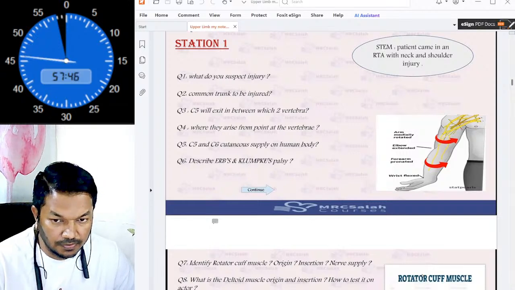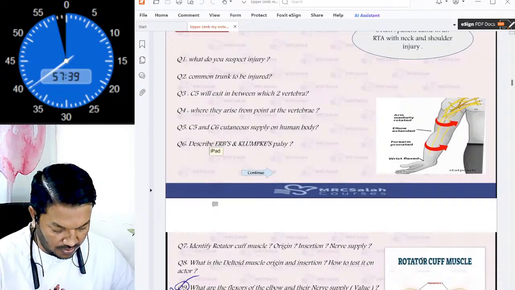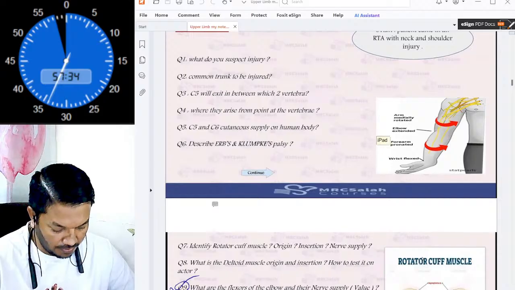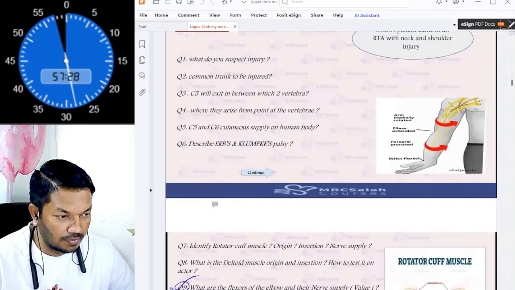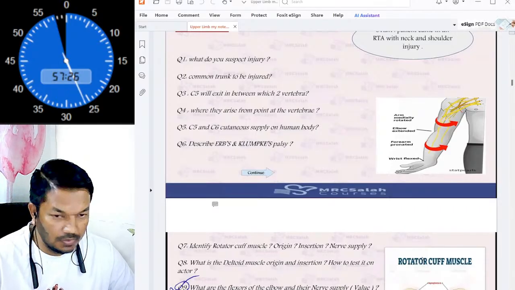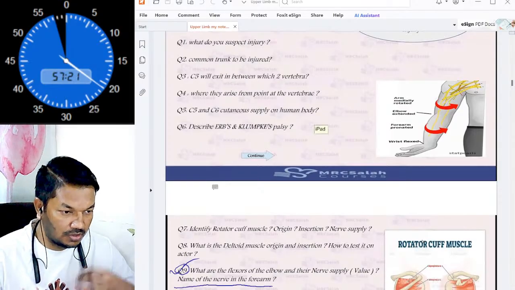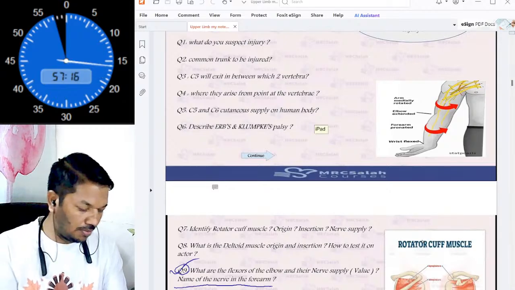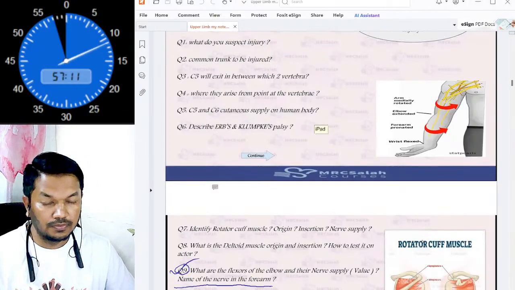Point at the vertebra. So there's an intervertebral foramen. So here you can show the dermatome. C5.